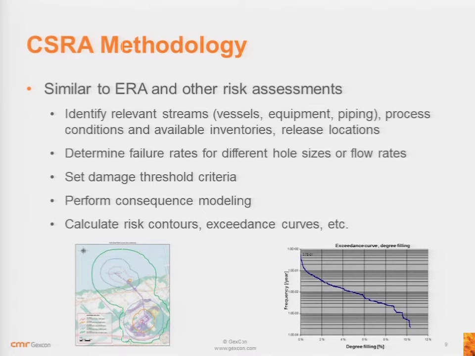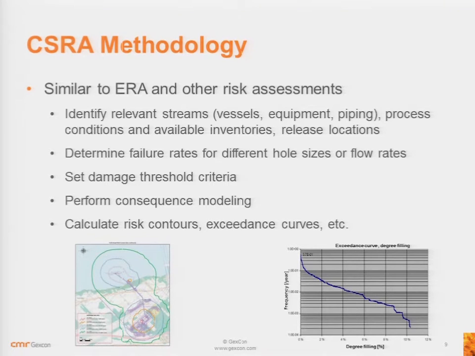What you have to do is figure out what are the relevant streams. Unlike an ERA, you don't have to look at every flammable stream. You only care about the ones that are cryogenic. Okay, so usually like the front third or so of your vessel is not part of the equation. You can focus on the liquefaction area and storage area.